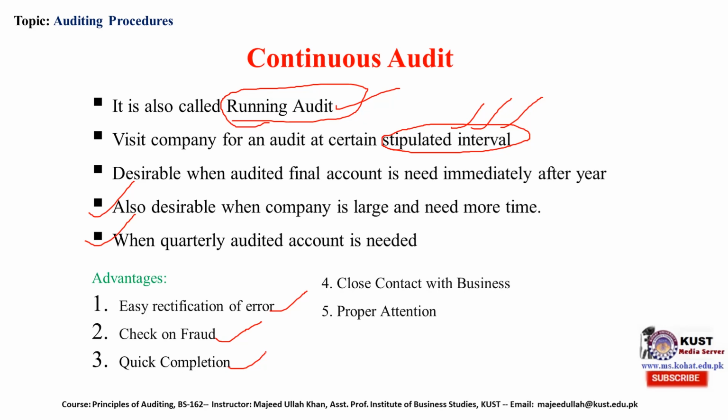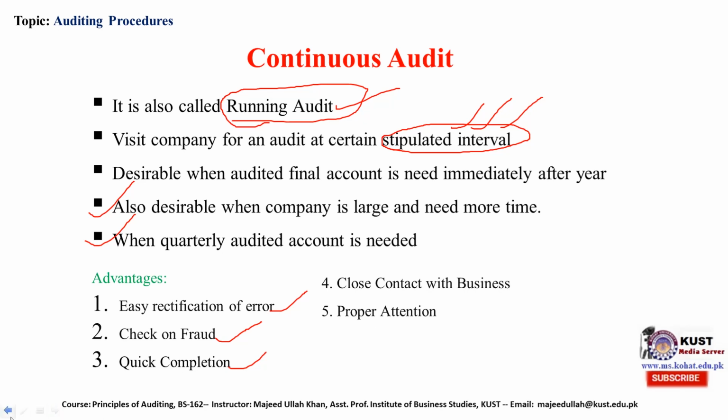The auditor, while practicing this type of audit, can have greater contact with the transactions of the company. In this way, he can consider all the important points, and there is less chance of neglecting any important matter.